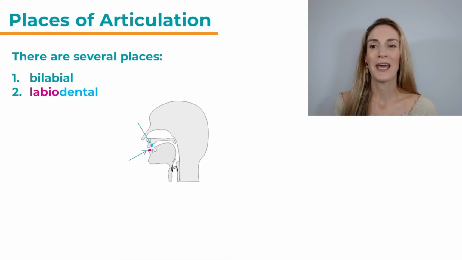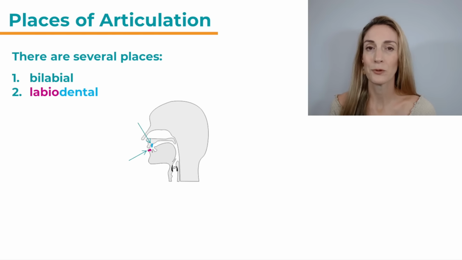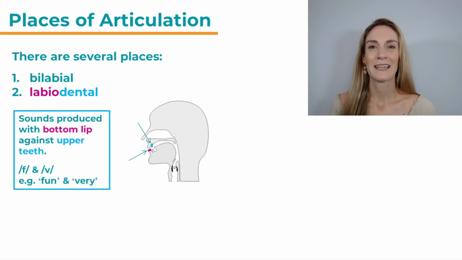Next up, we have labiodental sounds. Now, labiodental, you can see already in the word, it means that the lips and dental, that's teeth, are involved. But if you have a look at the cross-section, it's not both lips or both sets of teeth. It's quite specifically the lower lip and the upper teeth.